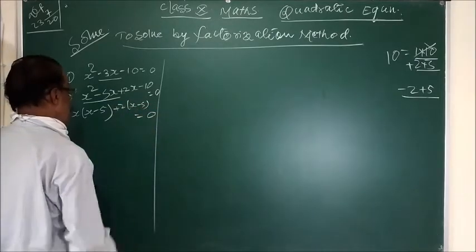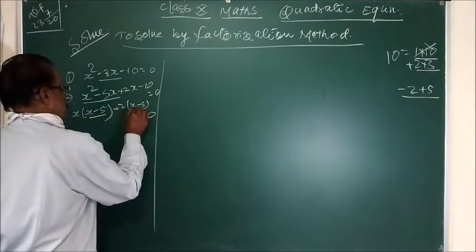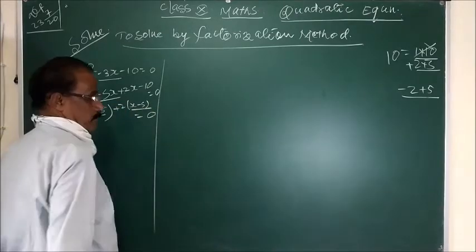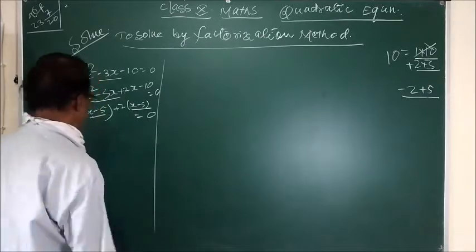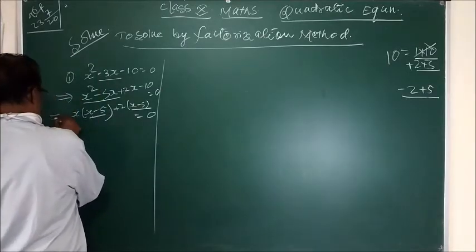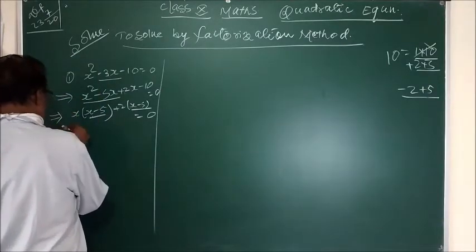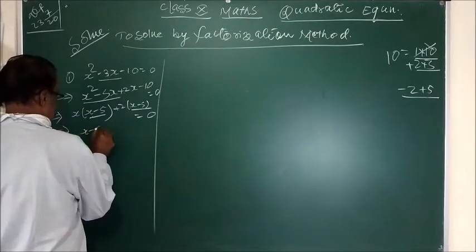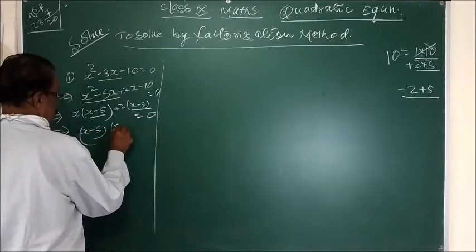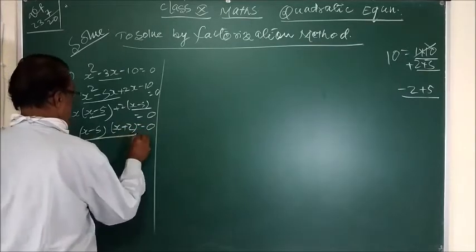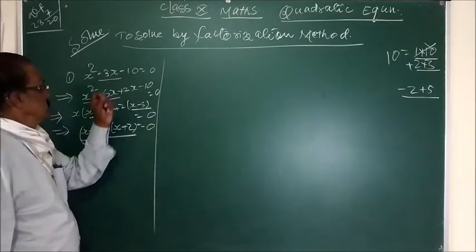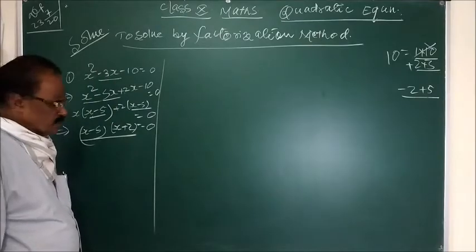One important thing you have to see: these two terms will be the same, and therefore we can take the common. Otherwise, you are wrong somewhere. So x minus 5 into x plus 2 is equal to 0. These are the factors of this equation.